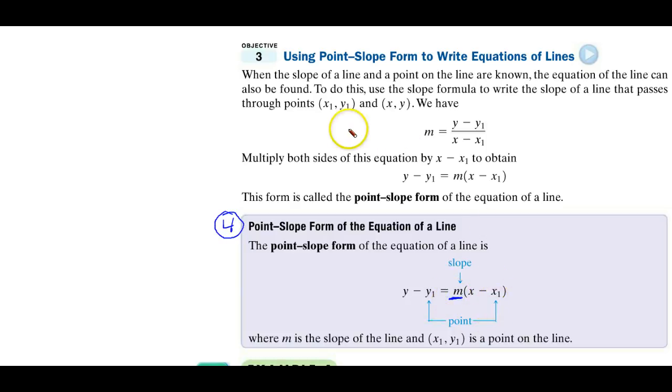Now, in some cases, if we didn't have the slope, but we had 2 ordered pairs, we could then find the slope using the slope formula, and then take the slope, put it in this form, and use one of the points. And this formula, by the way, is derived from the slope formula.